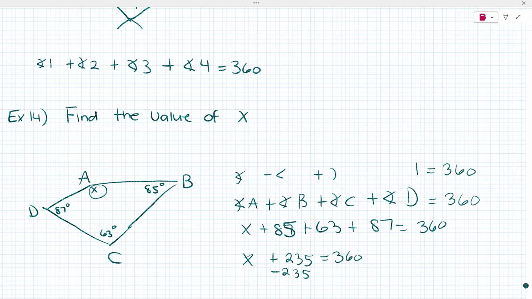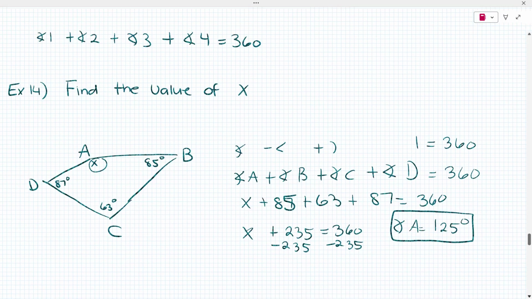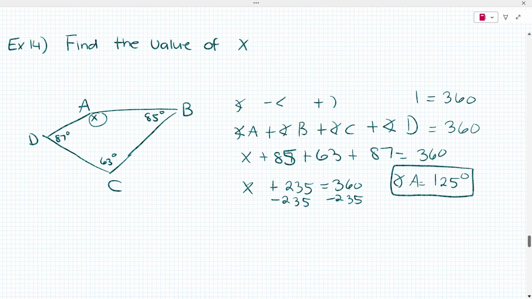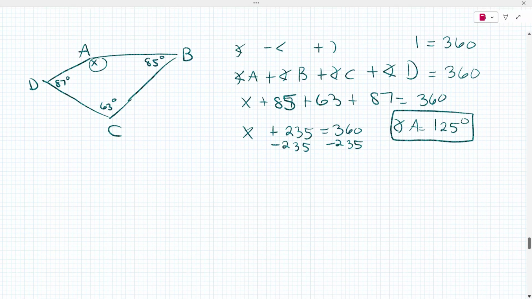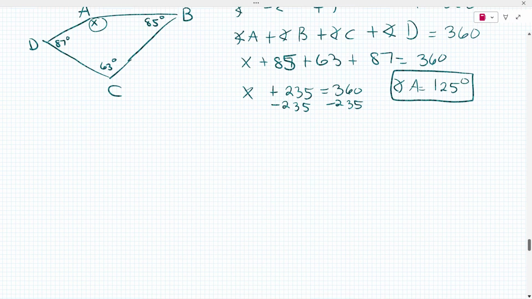Subtract 235, so x, or angle A, is 125 degrees. Okay, let's move on.